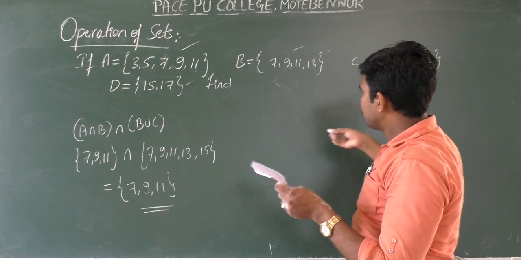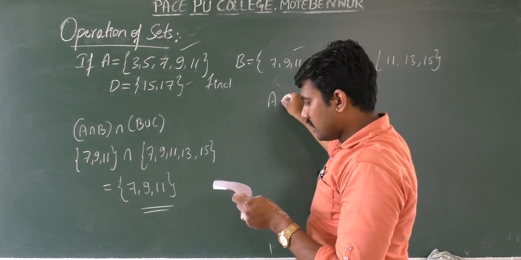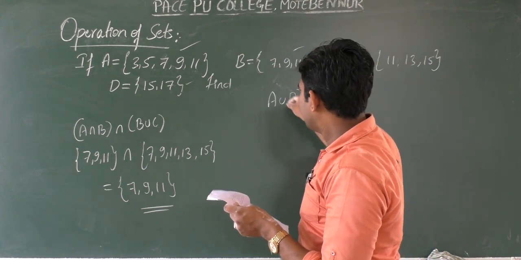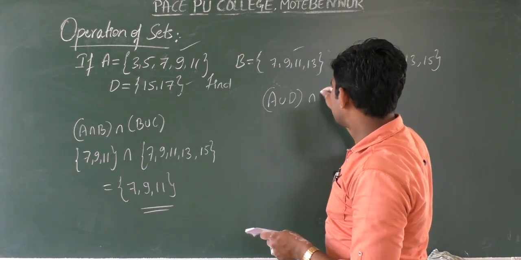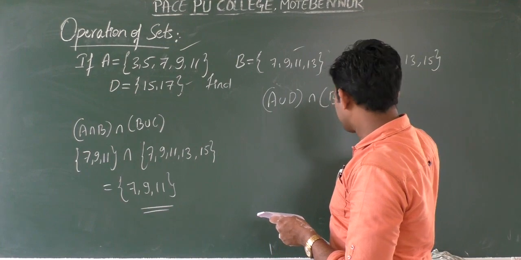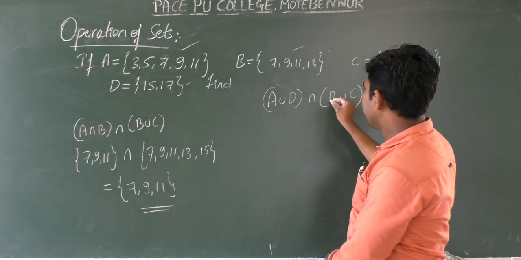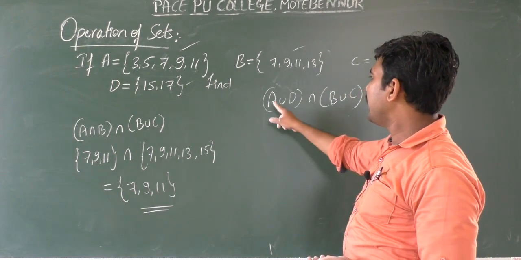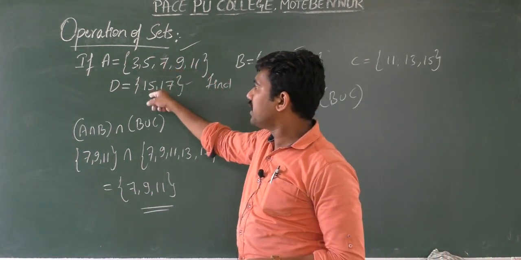Now, what is the next question? A union D intersection B union C. Already we have written B union C here, so we can write it directly. But what is A union D?